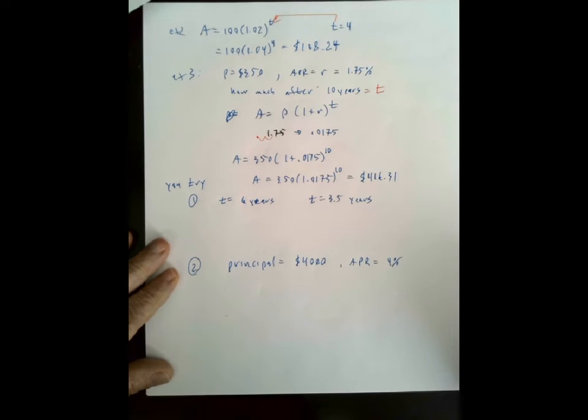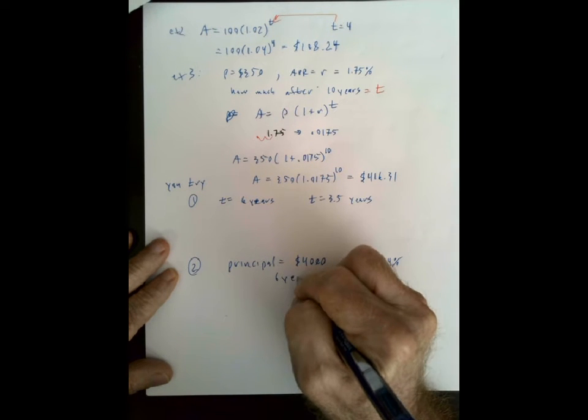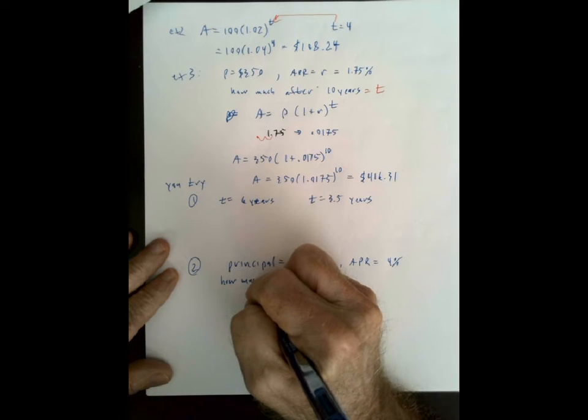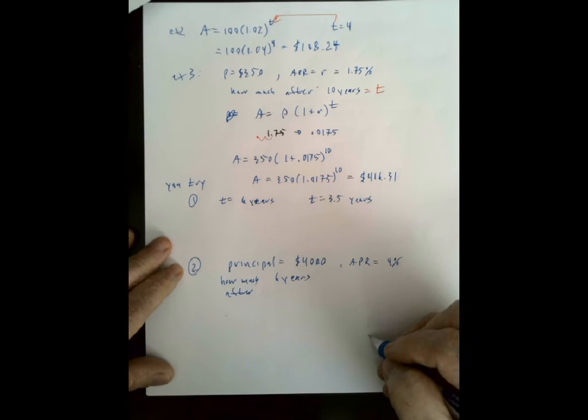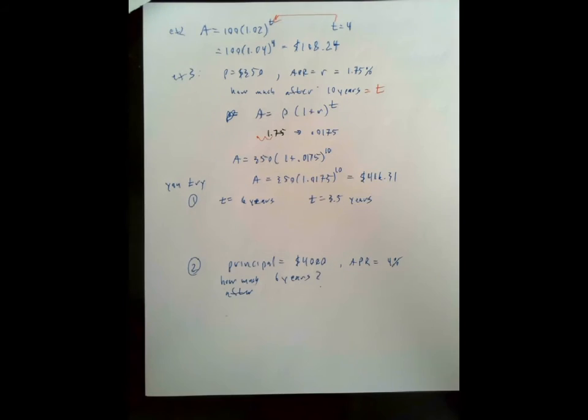How much money would be in the account after 6 years? Okay, so you go ahead and try those out. Put the video on pause right now, and go ahead and try some of those out.